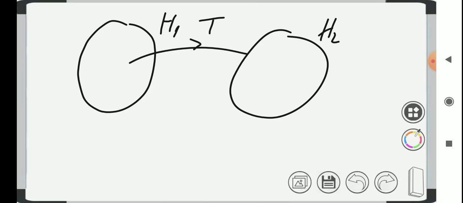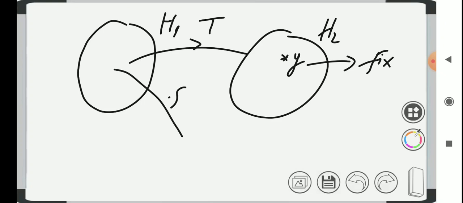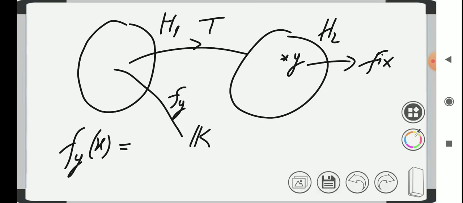Let us first fix some element y in H2, and corresponding to this element let us define a functional fy on H1 into the underlying field of H1. It is defined simply by fy of x equals the inner product of Tx with y.